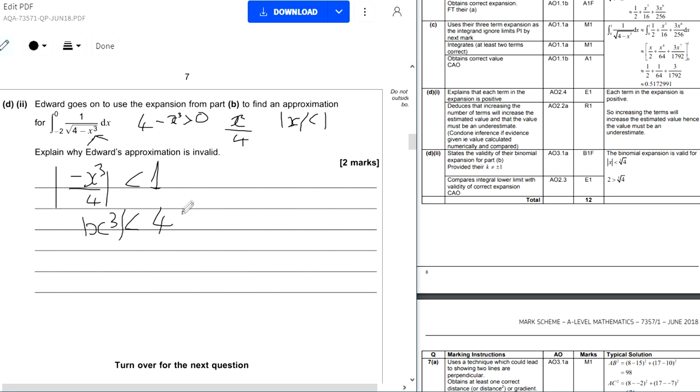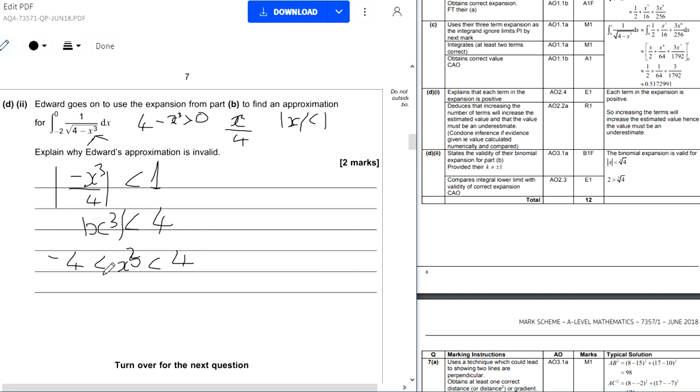Modulus of x cubed is less than 4. When you have a modulus like this, you can just write it as this. Now if I cube root both sides, we're actually going to get something less than 2.